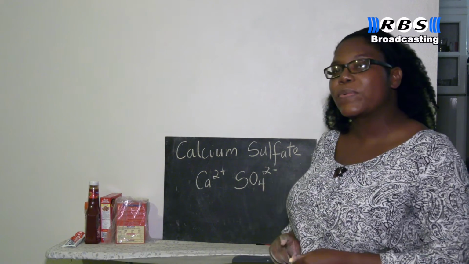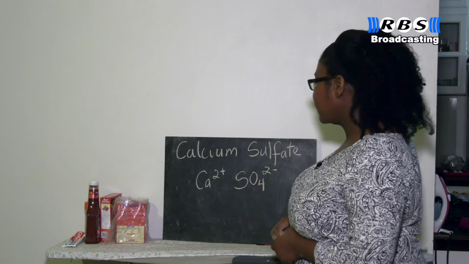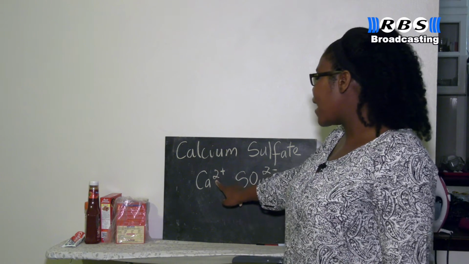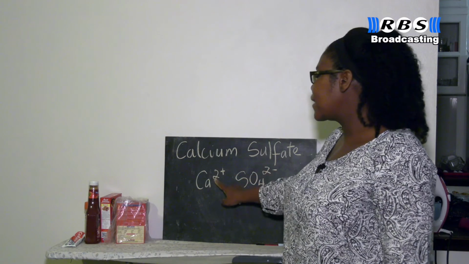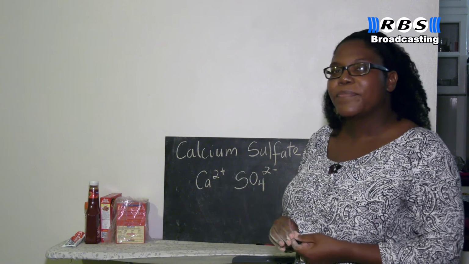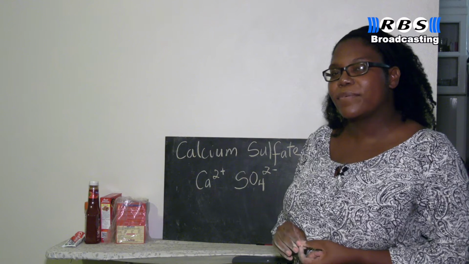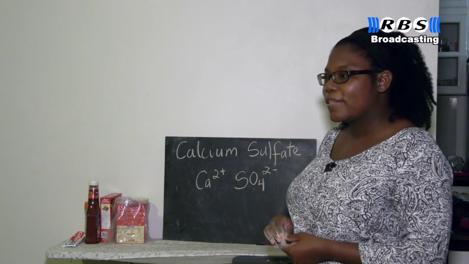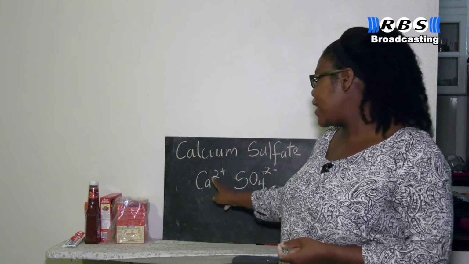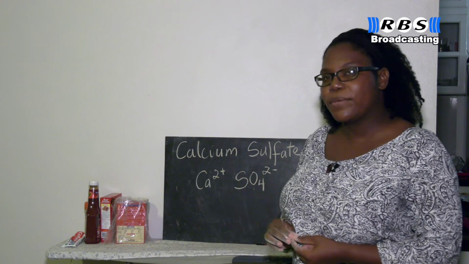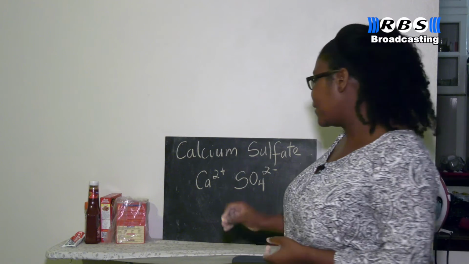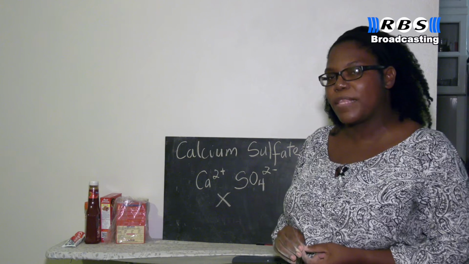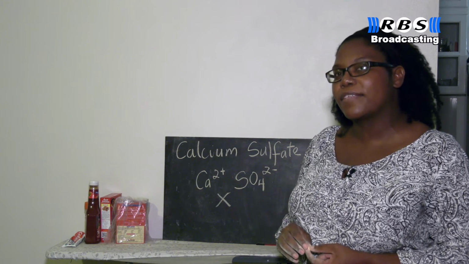That's a capital O. Now take a look at this. Both of these ions have the same number. Which rule applies now? They both have the same number, so we can divide each number by 2 to simplify it. If we divide each number here by 2, then what is the formula of calcium sulfate?